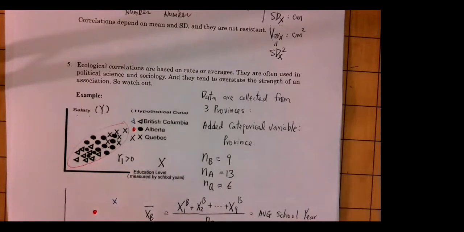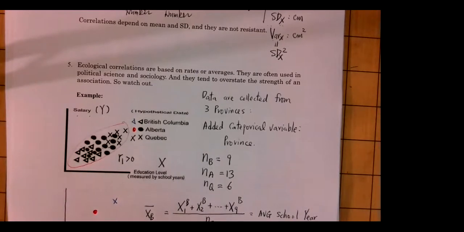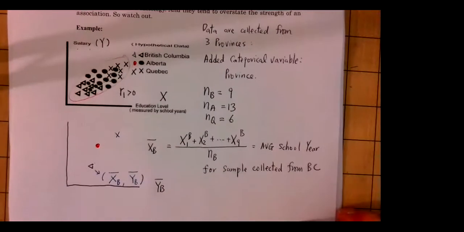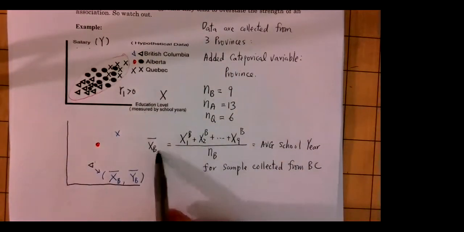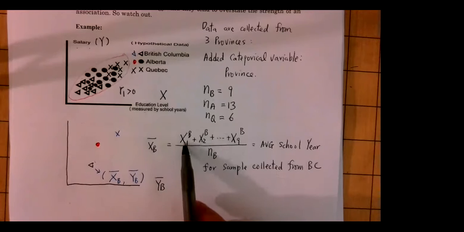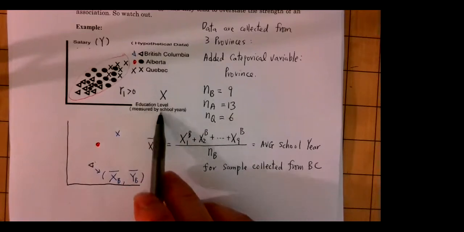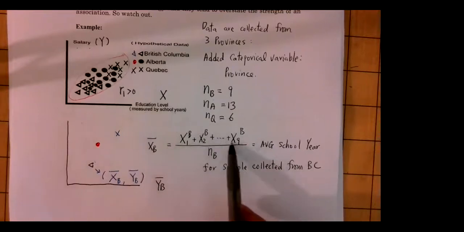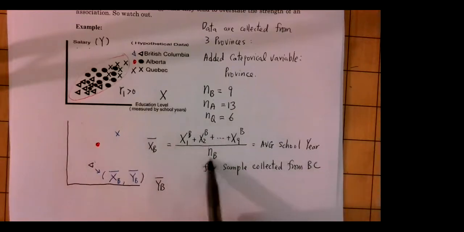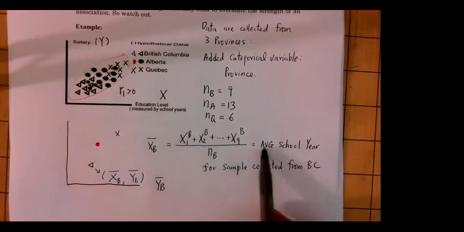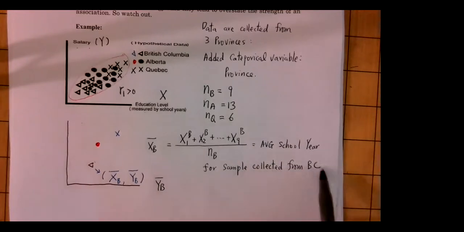Okay? And similarly, what's YB bar? XB bar is X1B, the first person collected from BC, his or her school years, plus the second person all the way up to the ninth person, and divided by the sample size collected from BC. This gives average school years for the sample collected from BC.